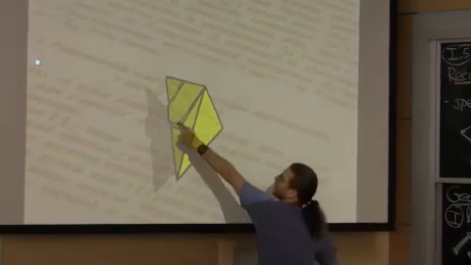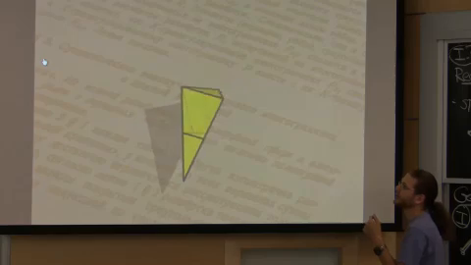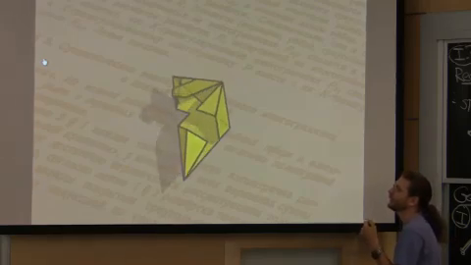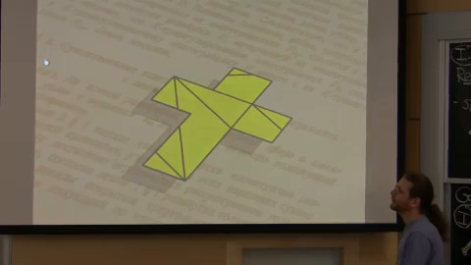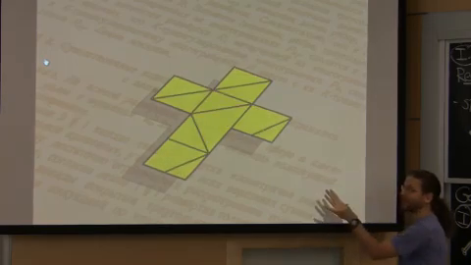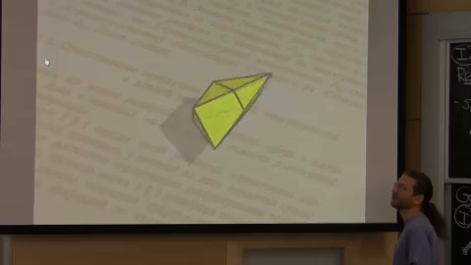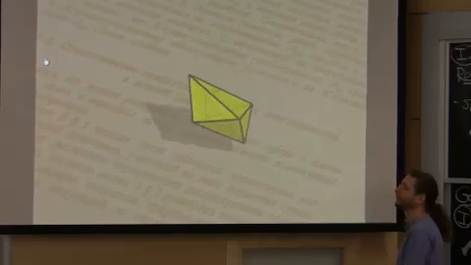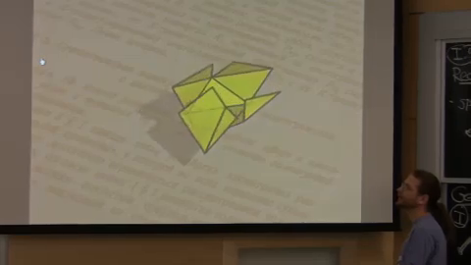So here, this pocket fits perfectly into that tab. I make a tetrahedron. And the last thing you can make with something called edge-to-edge gluing, I'll talk about this more. There's an algorithm here, which, given a polygon, will list all of the things it can fold into in a reasonable amount of time. This is an octahedron. Those are the 5 things you can make by edge-to-edge gluings of the cross.